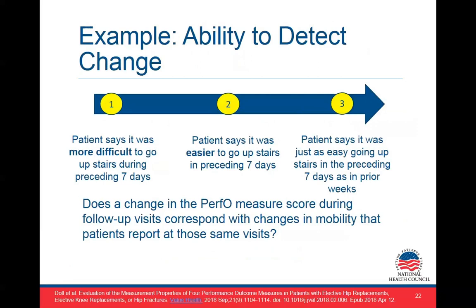It was just as easy as it was in time point 2 to go upstairs in the preceding 7 days as it was in the prior weeks. So the ability to detect change is important. We want to know, does a change in that performance outcome measure that we're using in this example, does that score during the follow-up visits correspond with other changes in mobility that patients report during those same visits?